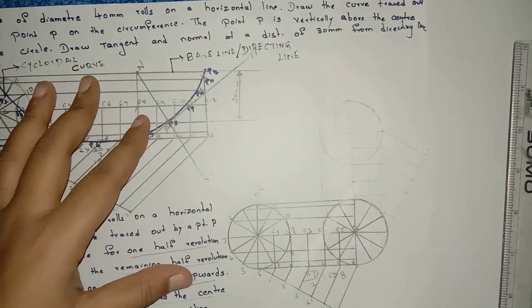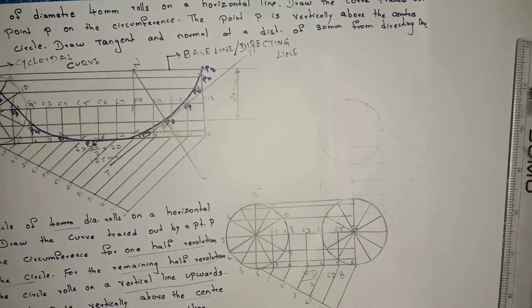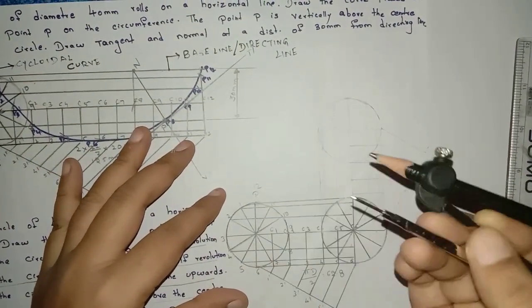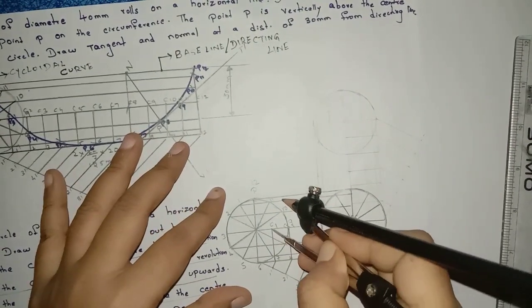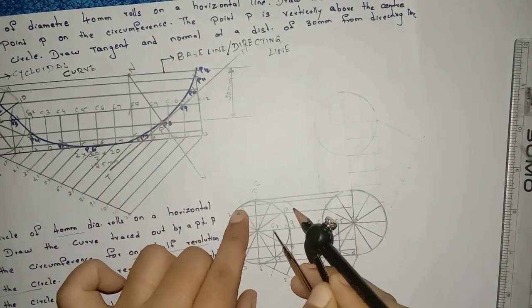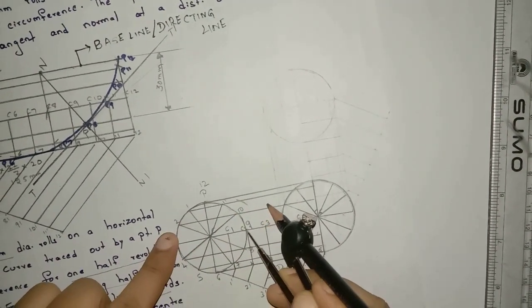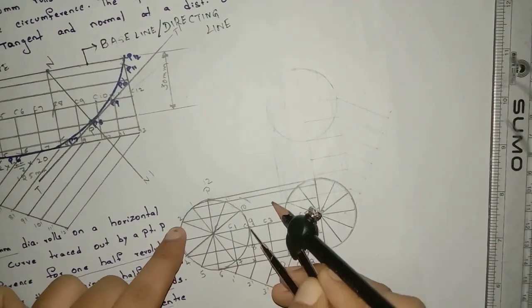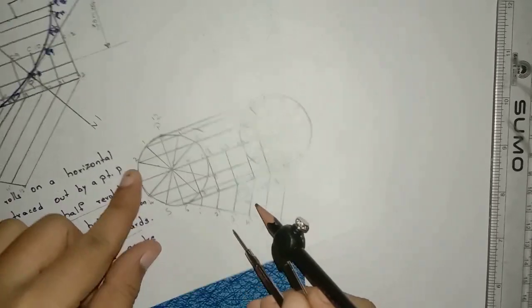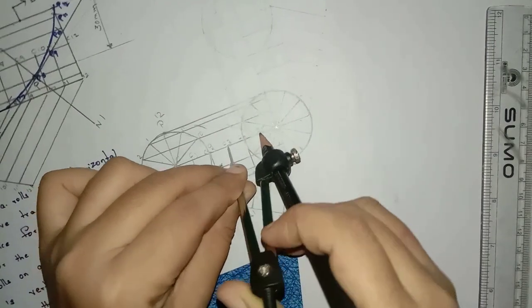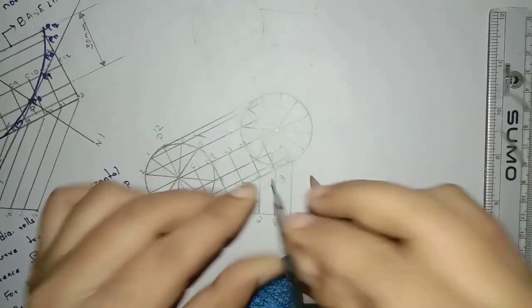Right, now how to construct the arcs, how to draw the arcs. Take 20 mm radius with compass, C1 as center, draw the arc on the first line. This is the first point, first arc. Next, C2 as center, second point, second arc. C3 as center, third point, third arc.